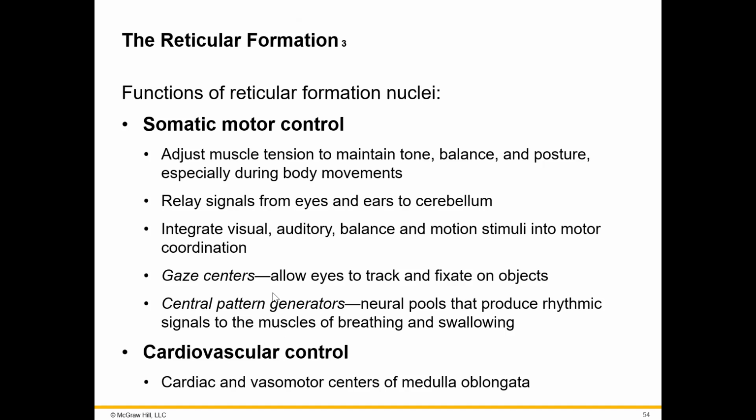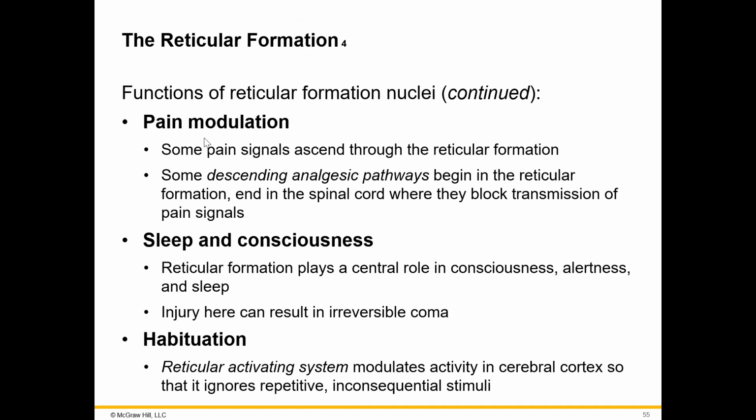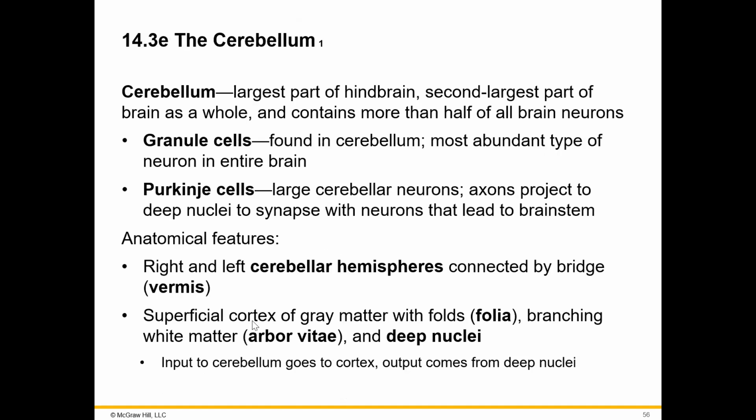The cardiovascular control is important for cardiac function and is regulated by cardiac and vasomotor centers within the medulla oblongata. Functions of the reticular formation nuclei: you have pain modulation. The reticular formation is important for pain modulation. It's important for sleep and consciousness, and it's important for habituation.